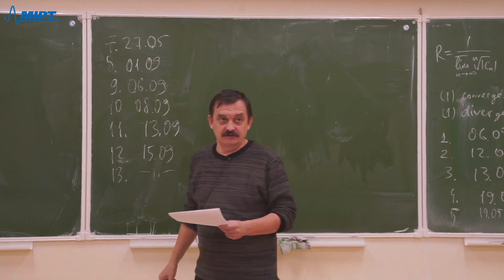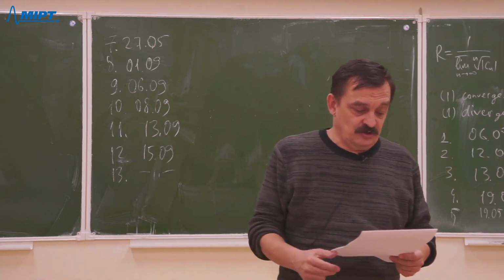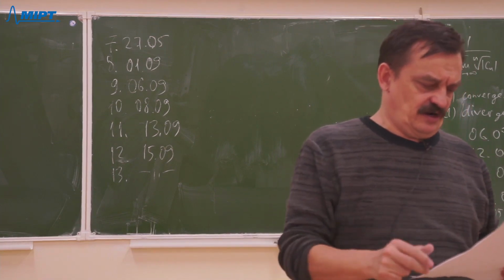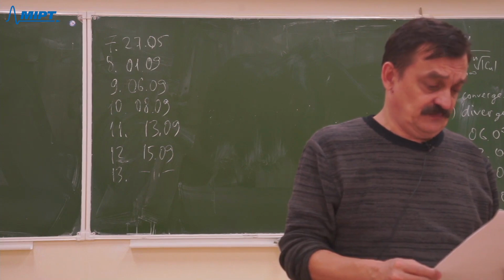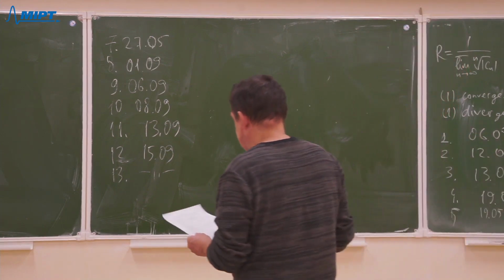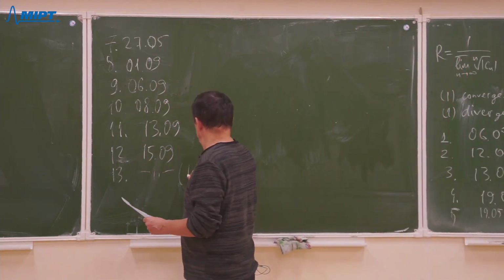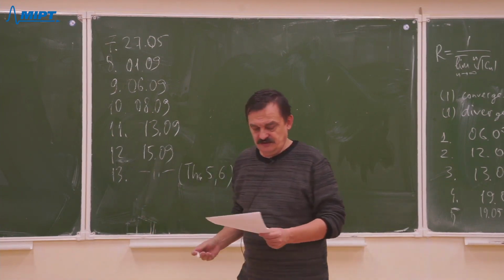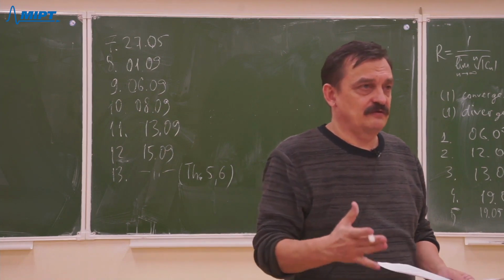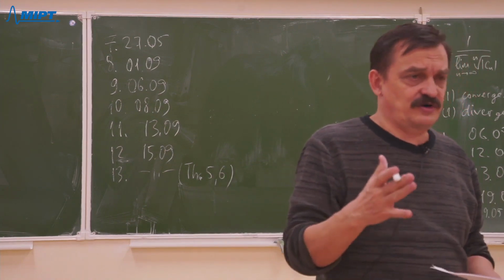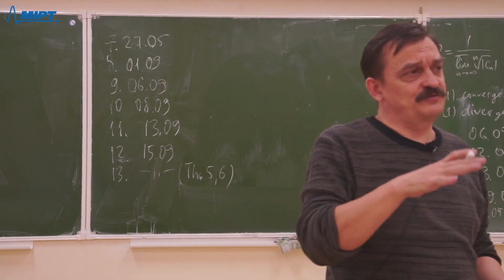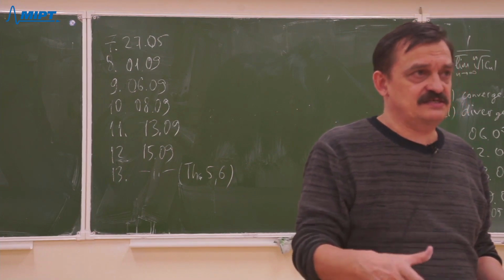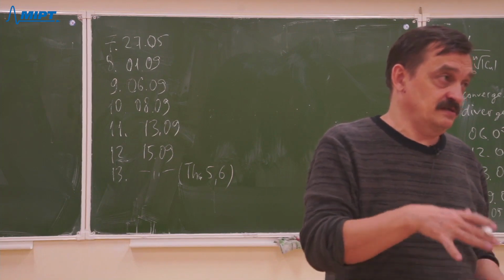And not only that question, closed and compact sets. Here we have two theorems, I even wrote to myself numbers, theorems 5 and 6. Theorem 5 says that every closed subset of a compact set is compact, and theorem 6 says that every compact set is closed.